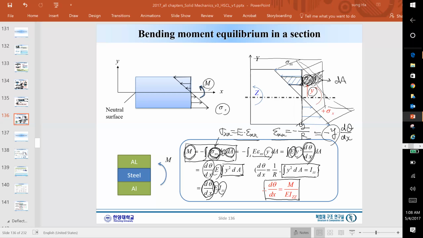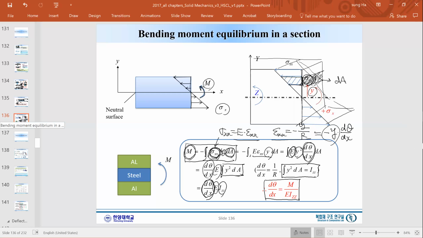So let's say we have a beam of length L under bending moment M. Pay attention, each cross section will have a rotation. This will have a certain rotation, and rotation, and rotation. The angle will be larger and larger.